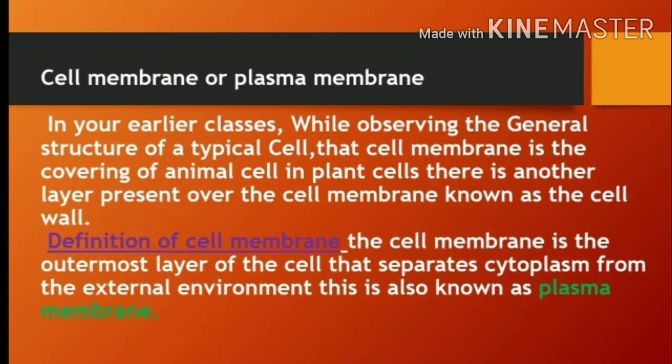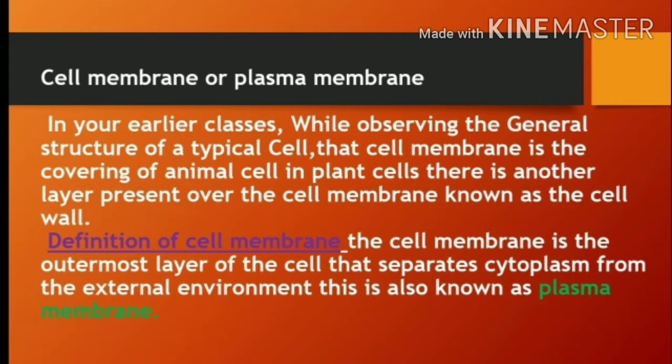Cell membrane is also known as plasma membrane, and in the earlier classes we have observed in the typical structure of plant and animal cells that the cell membrane is the covering of animal cells, whereas in plant cells there is another layer present over the cell membrane known as the cell wall.